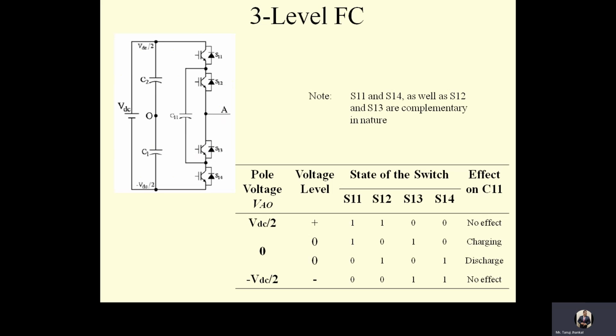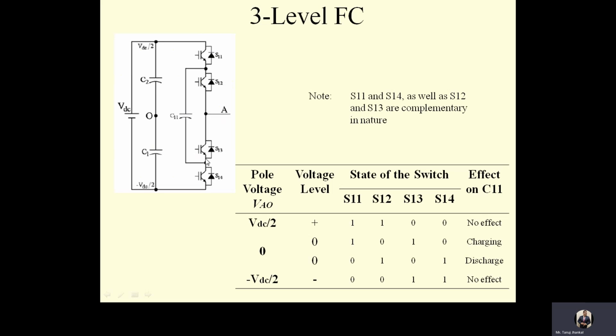In this FC 3-level structure, when S11 and S13 are on, we will get zero voltage. Why? Because it is charged with VDC by 2.